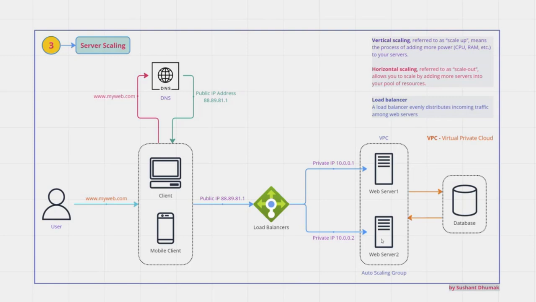Till that time, the traffic will go to web server two, and once web server three is available, the load balancer will immediately come to know, because the load balancer does continuous health checks of servers. So it will start sending requests to it. But till that time, web server two will get all the requests.